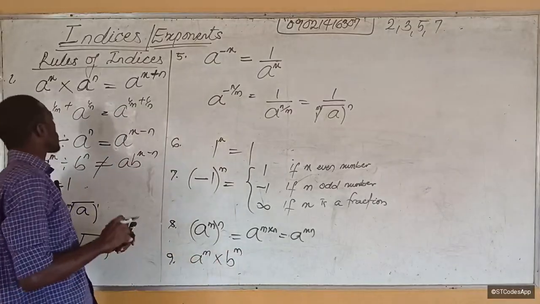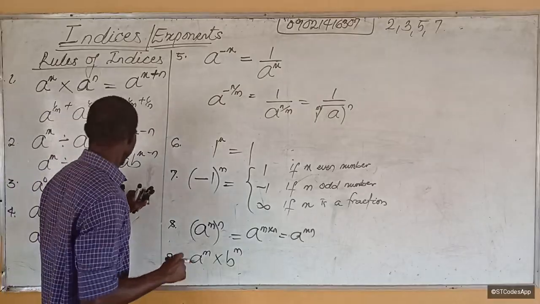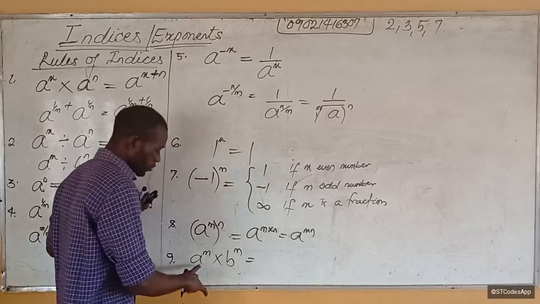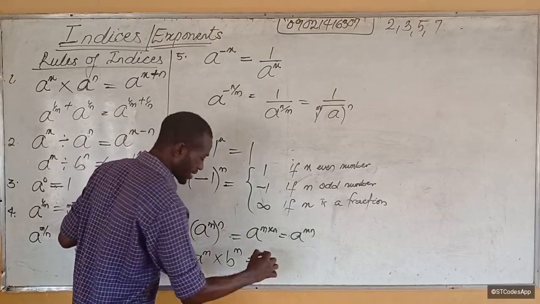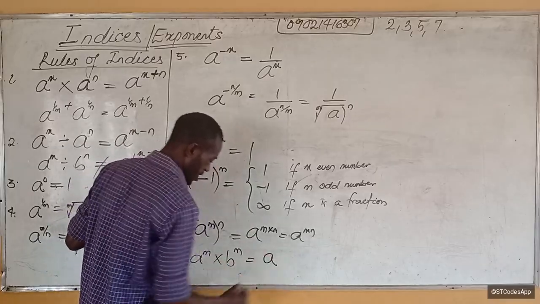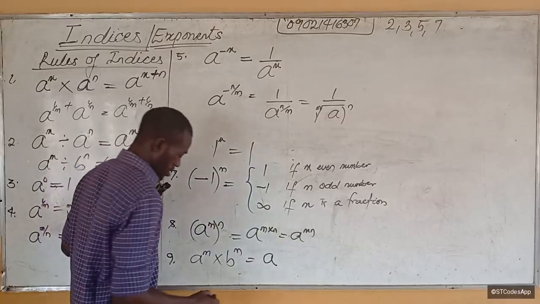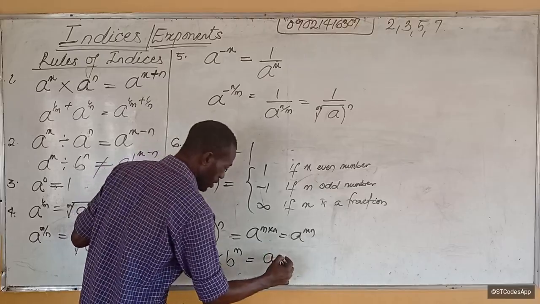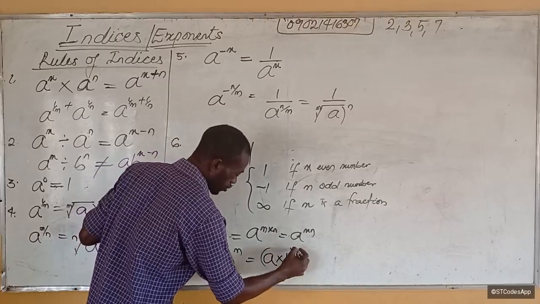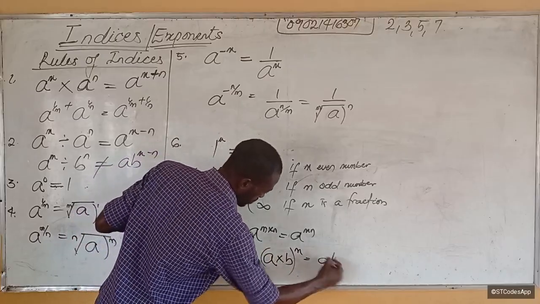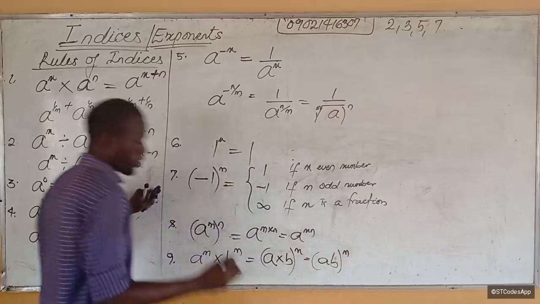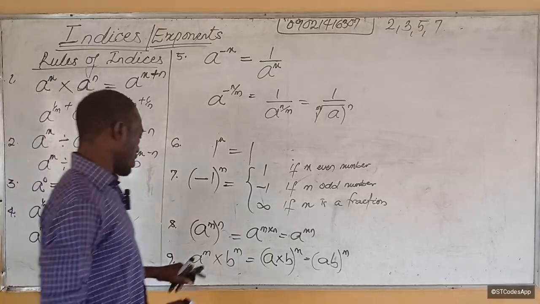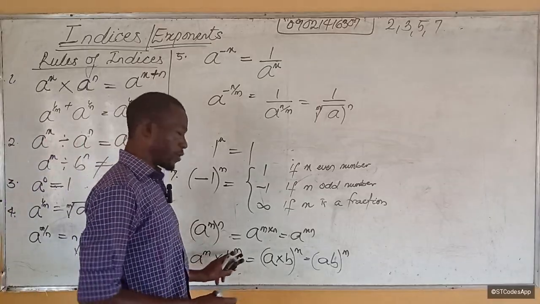We've not discussed this. So it is the same as a multiplied by b, all raised to power m. That becomes ab all raised to power m. You will discover that it is not ab raised to power m plus m.